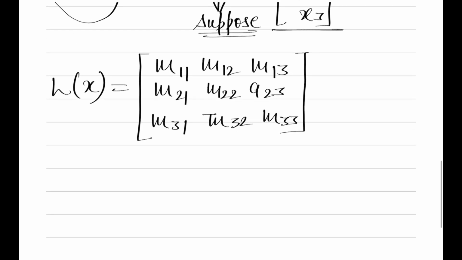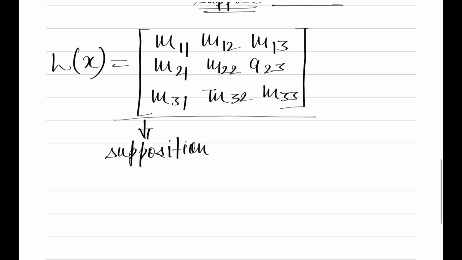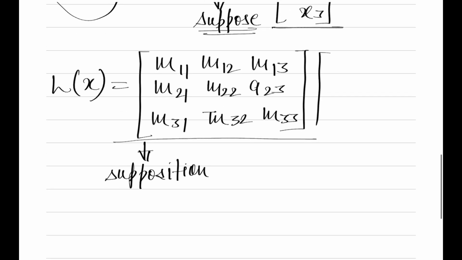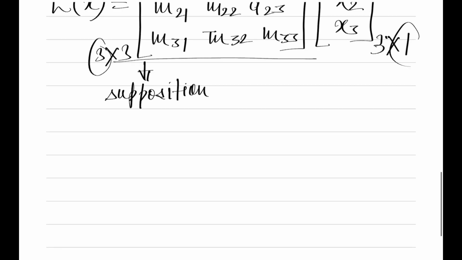This is our supposition. We have supposed this matrix, and it is multiplied to a column vector x1 x2 and x3. This is a 3 cross 3 and this is a 3 cross 1, which will give us a 3 cross 1 vector.